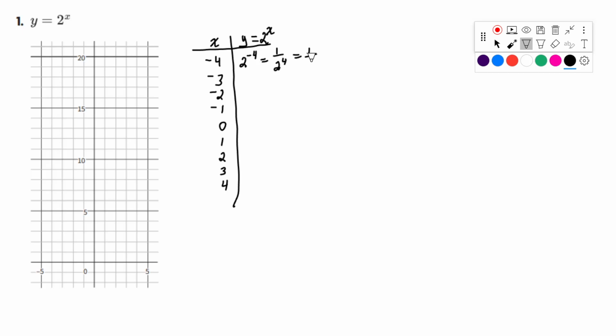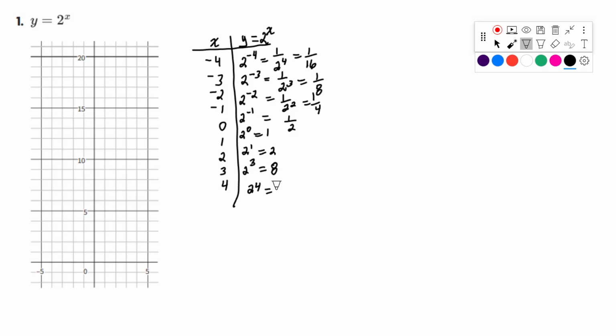That's going to be 1 over 16, or 1/16. 2 to the -3 is 1 over 2 cubed, which is 1/8. 2 to the -2 is going to be 1 over 2 squared, which is 1/4. 2 to the -1 is going to be 1 over 2 to the 1st, or 1/2. 2 to the 0 is 1. 2 to the 1 is 2. 2 to the 3 is 8. And 2 to the 4 is 16.